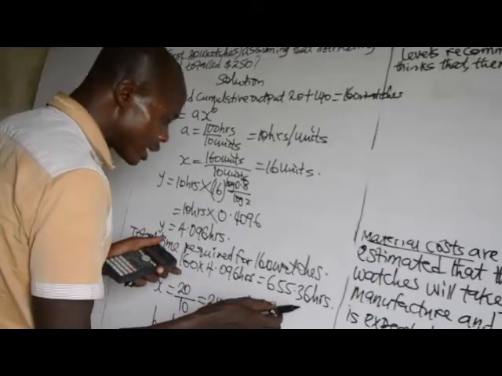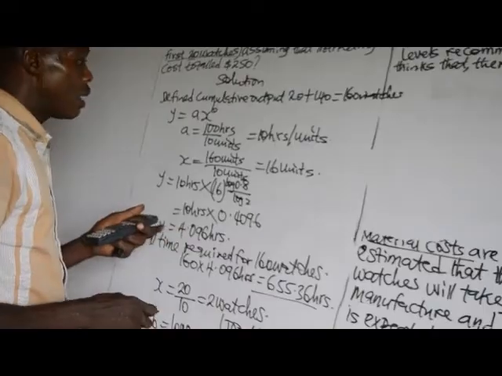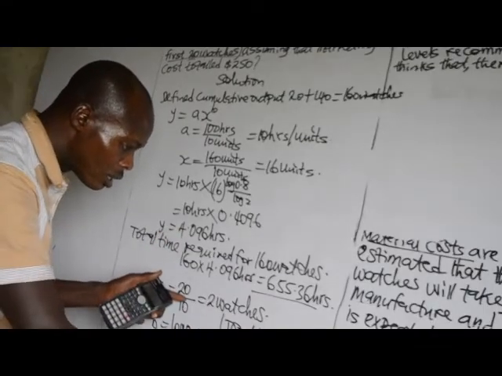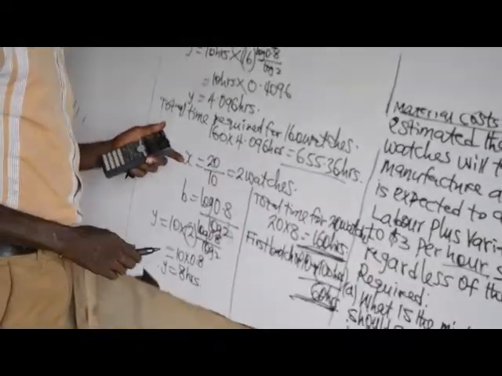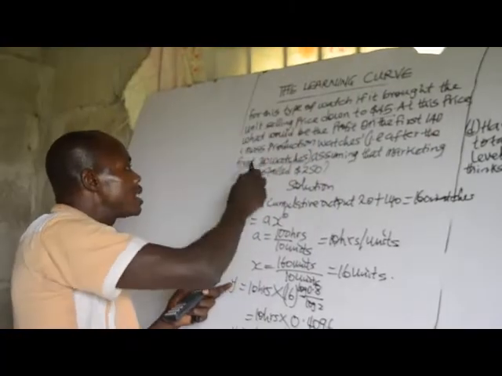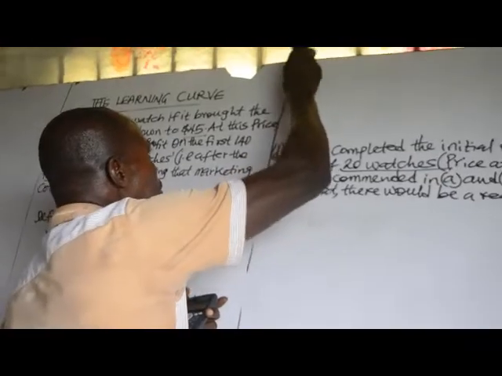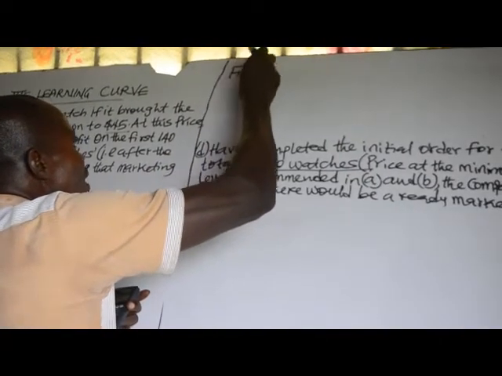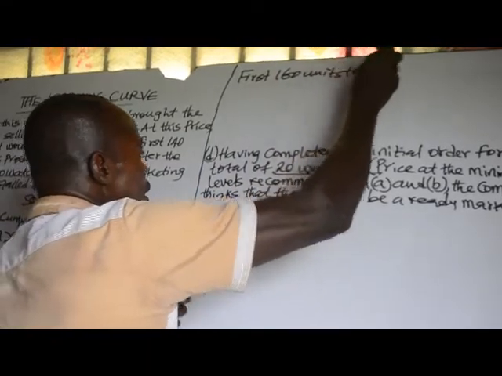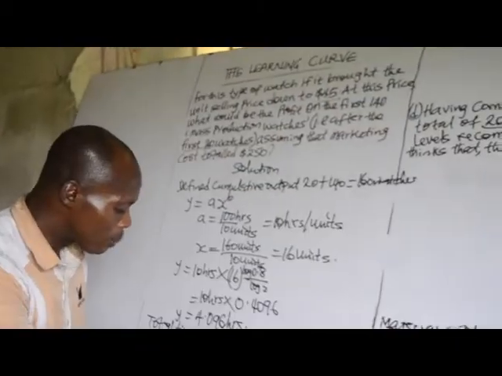If 160 takes these hours, and the first 20 units take 160 hours, remember you were to consider the 140 after the first 20 watches. So first 160 units take, as calculated, 655.36 hours.